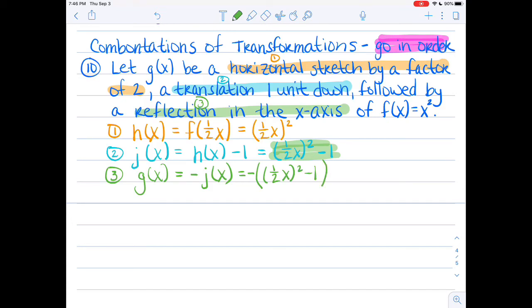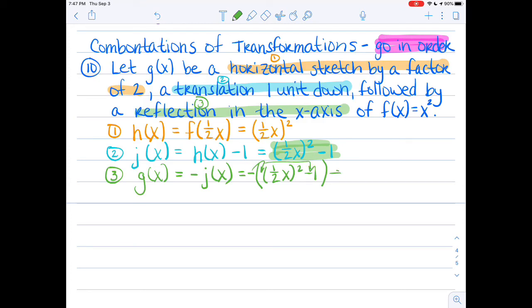We're not quite done because we've got double sets of parentheses. We need to fix that a little bit. We can still leave that 1/2 x in parentheses because that's separating it from the squared, but we do want to go ahead and distribute this negative.